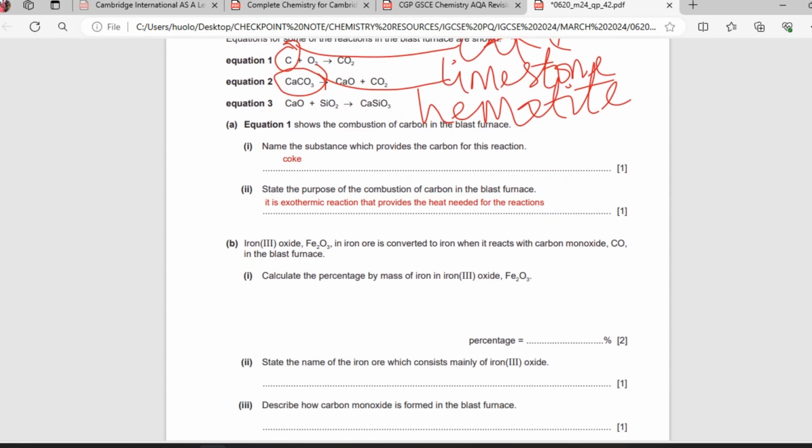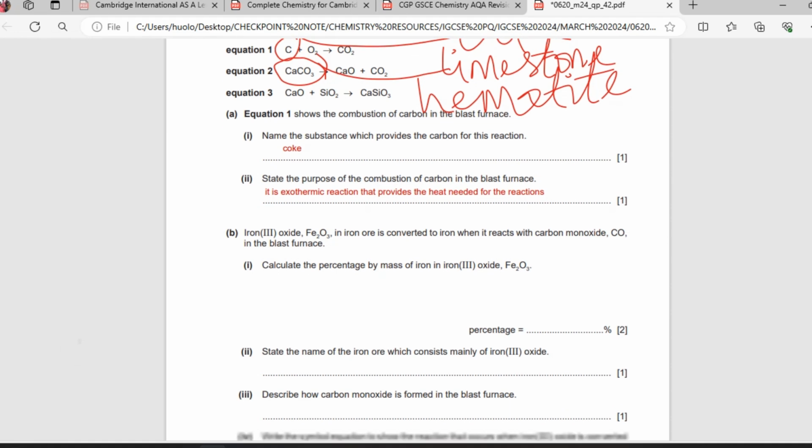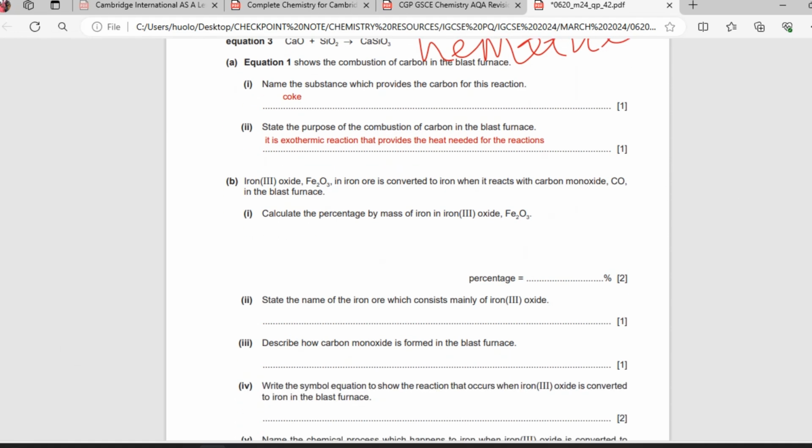All right, so what's giving you your answer? Because they ask what's the purpose? To provide the heat for the reaction. Now we make progress to B.